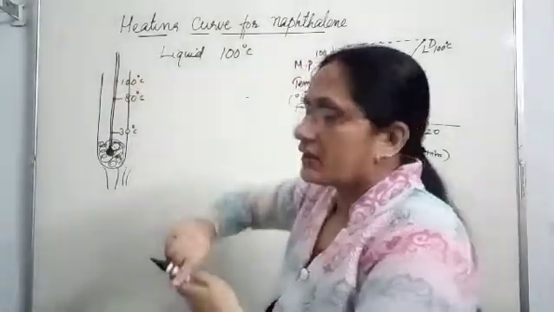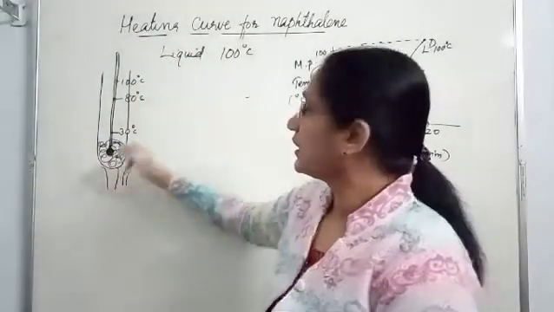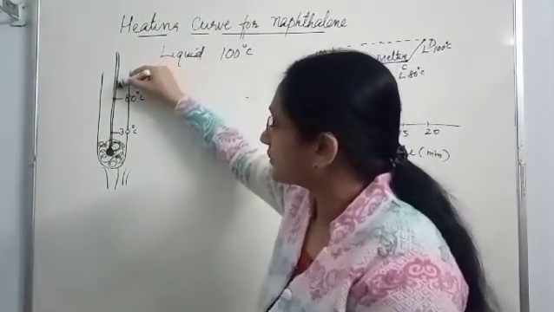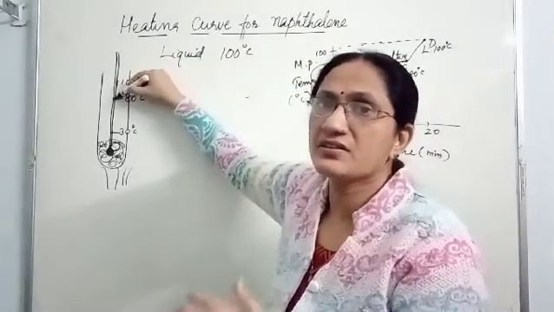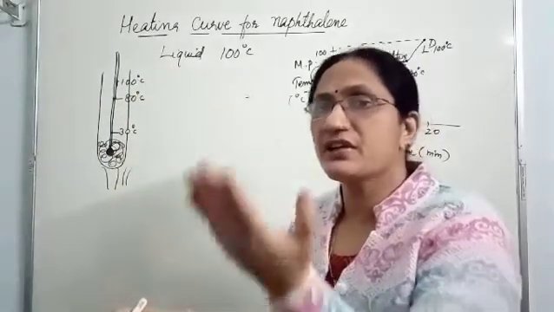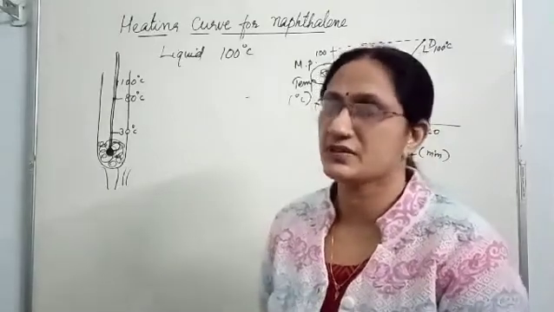In the beginning reading was 100. Here the substance was in liquid form, and in the first few minutes temperature will be falling. Once it reaches 80 degrees, it will remain steady for some time. During that time, liquid naphthalene is again changing to solid naphthalene, meaning freezing takes place.